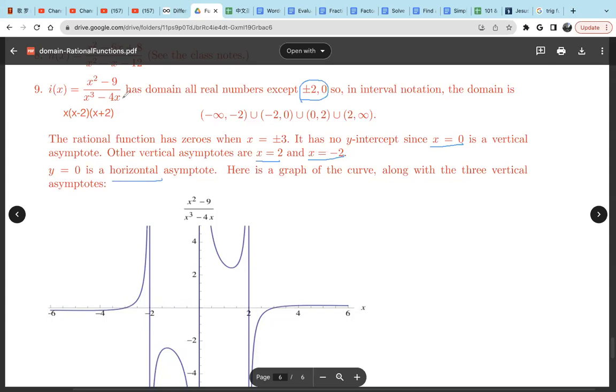Horizontal asymptotes come from the leading term again. We have x squared divided by x cubed. Simplify, that's 1/x. Horizontal asymptotes mean thinking about x going to positive infinity or negative infinity, so this number will tend to 0.